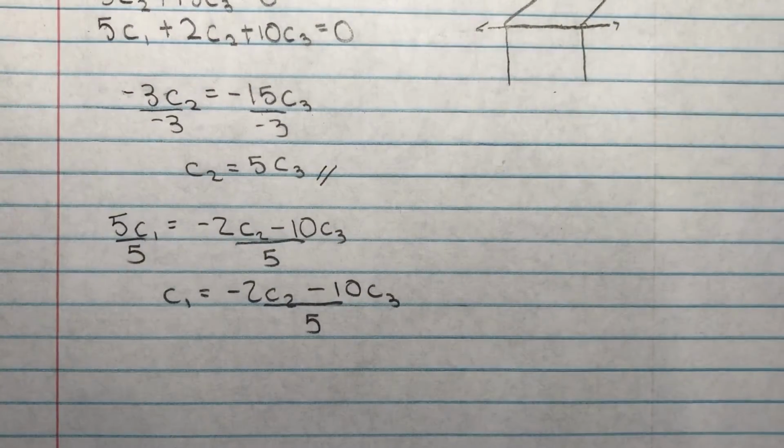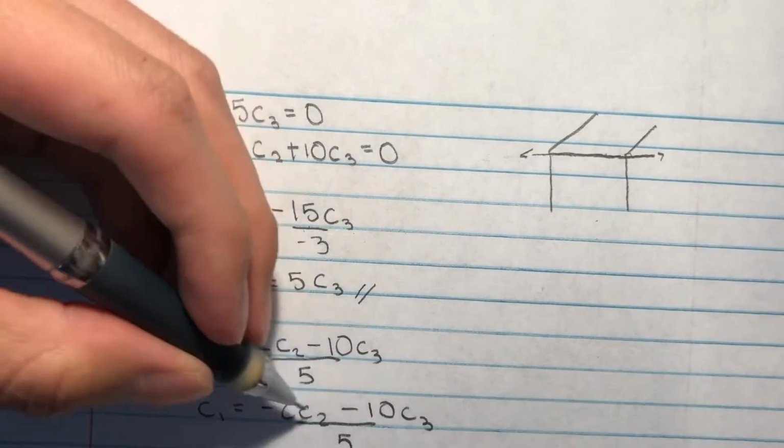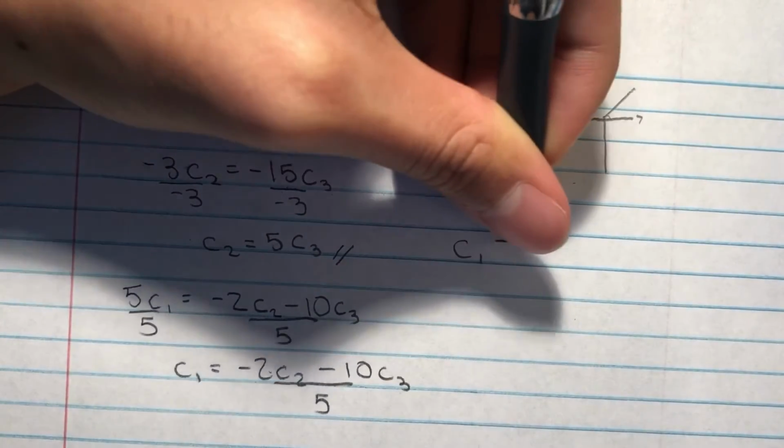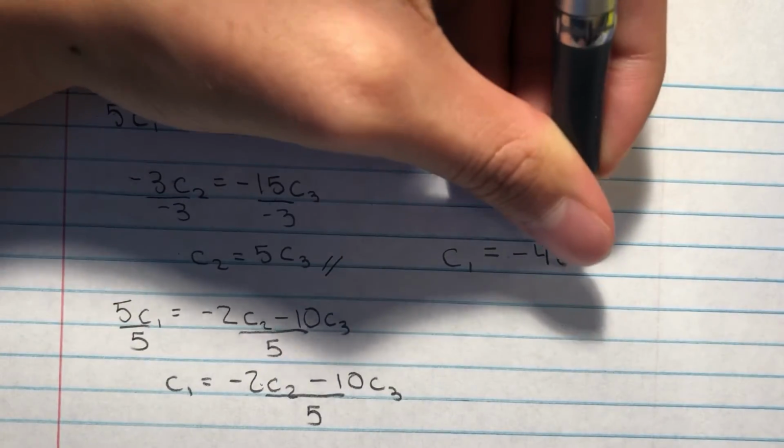We want everything in terms of c sub 3 on this side, so we're going to use this value that we have up here and plug it into this equation. So c sub 1 is going to equal, if we solve it out, negative 4 c sub 3.